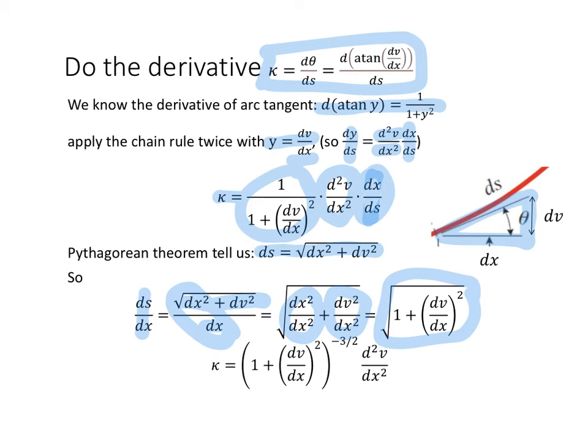Well, you notice this thing is the same as what we had up here on the numerator. And because we said we have to invert this to go from ds/dx to dx/ds, this will also be on the denominator. So we have 1 on the denominator, and this is the square root, so a half on the denominator. That means we have this same expression here, but to the negative 3/2.